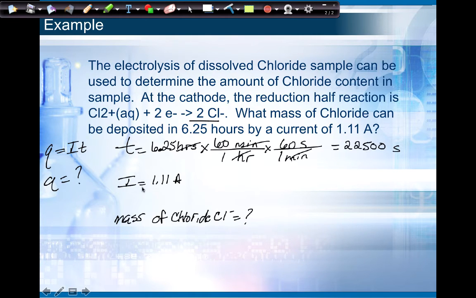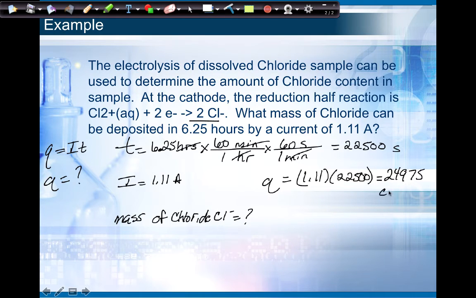All right, so now I've got my seconds, I've got my current, so I can figure out what Q is. So Q is equal to I times T, which is 1.1, that's my number of amps, multiplied by my time that has passed. So Q is equal to this.